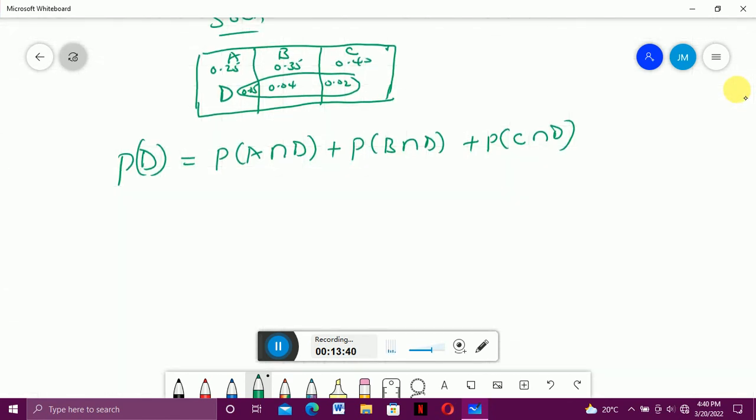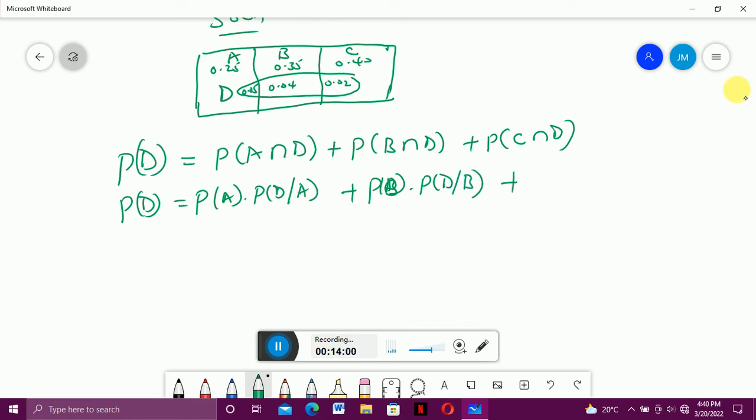Introducing conditional probability, it's P(A) times P(D given A), plus P(B) times P(D given B), plus P(C) times P(D given C).